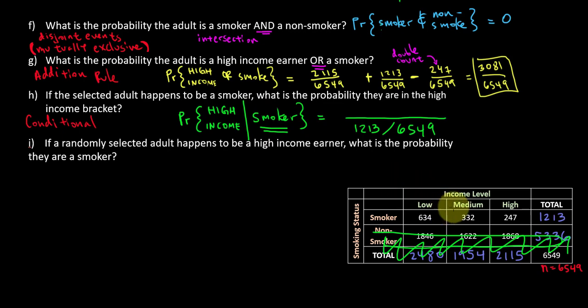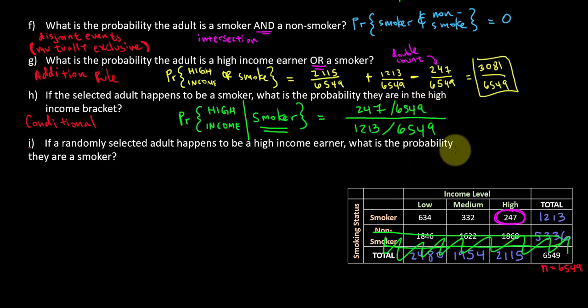So we need to look at high income and smoker. So that's going to be the 247. 247 out of 6549.